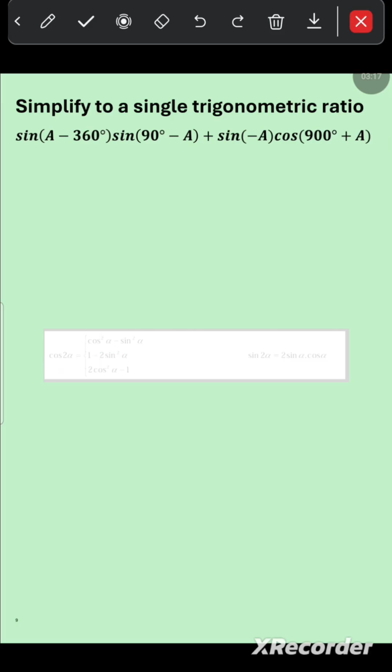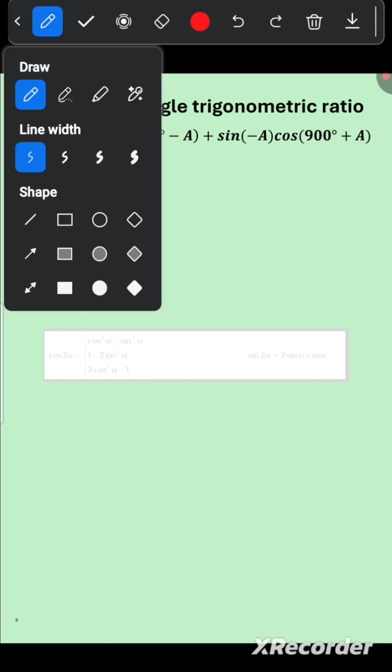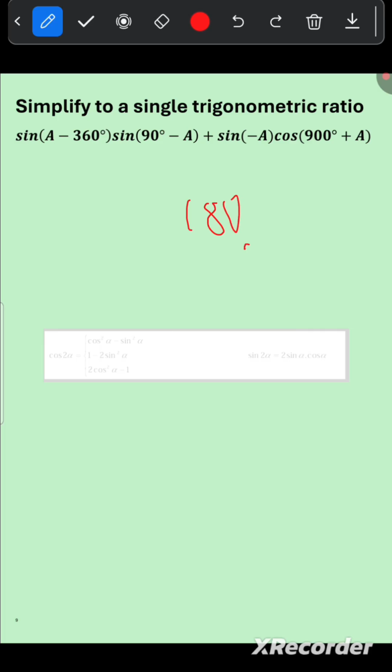Now let's look at this. When you see 180, 90 and 360, you drop them, right? Even a negative angle, you drop them, meaning you ignore them, they disappear. So let's check. I make this disappear and we remain with a. So this is sine a.